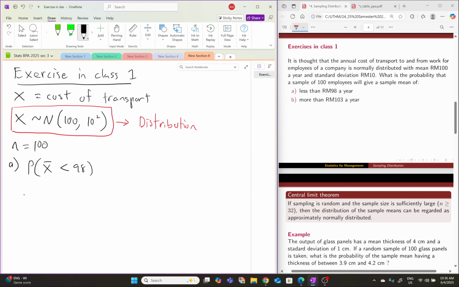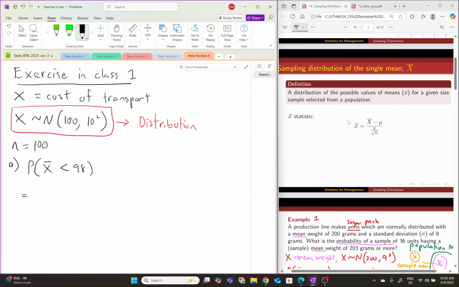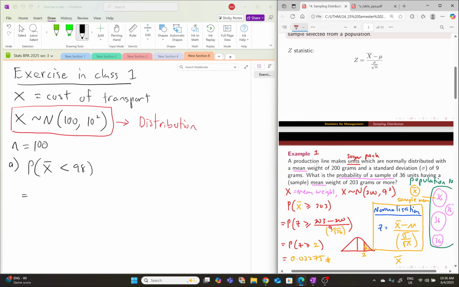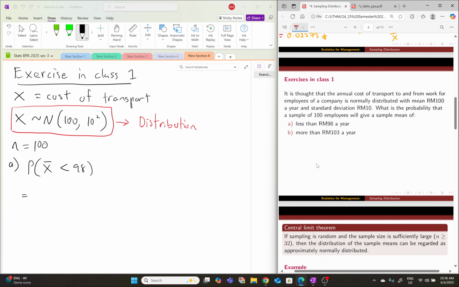Okay, so now what you have to do, remember the formula just now. The formula is here. I also given here. This is the formula. So let me also write here.